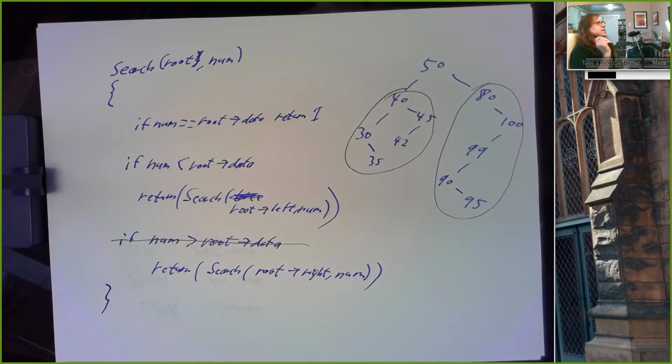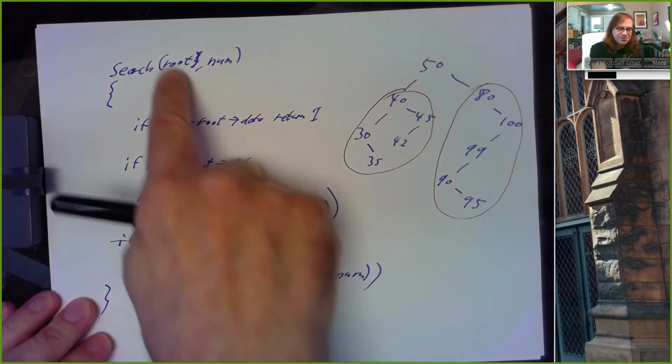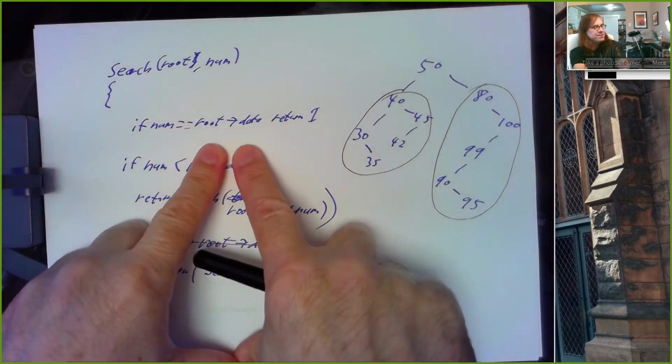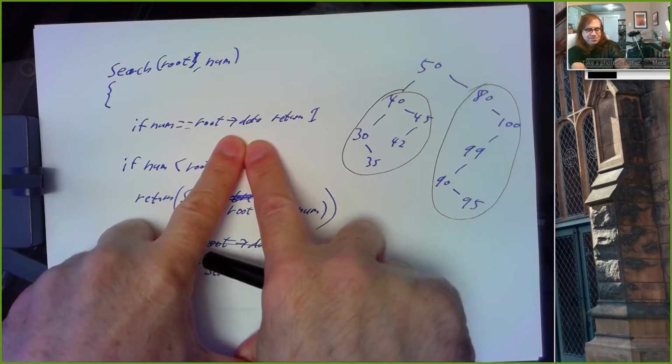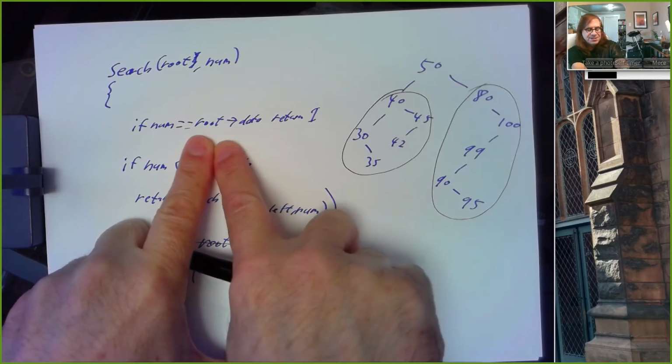So there's one edge case we need to check still. What's the edge case? Well, the root data can't be null, but the root could be null, and that's the edge case we're looking for. So if I try to search an empty tree, this will segfault. Now remember, root data is just an integer, so that's always going to exist as long as root exists.